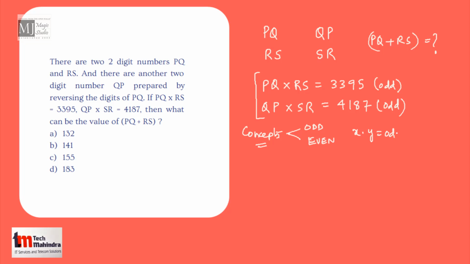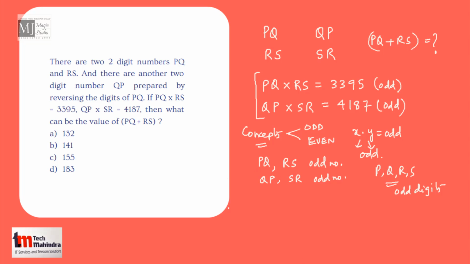So product of two numbers x and y is odd only when both of them are odd. That means PQ and RS are odd numbers. Again, QP into SR is also odd. That means QP and SR are also odd numbers. It gives us a direct hint that PQRS are odd digits only.